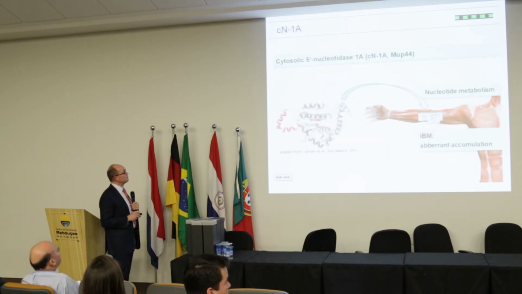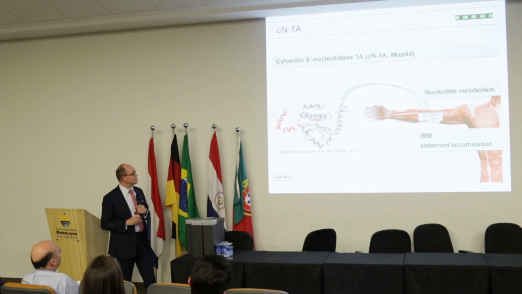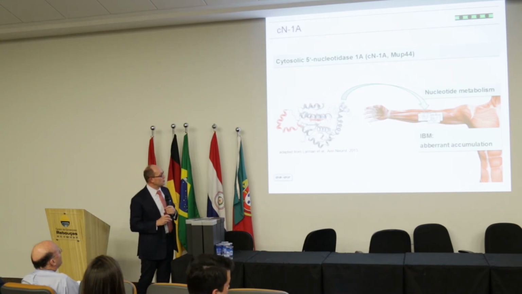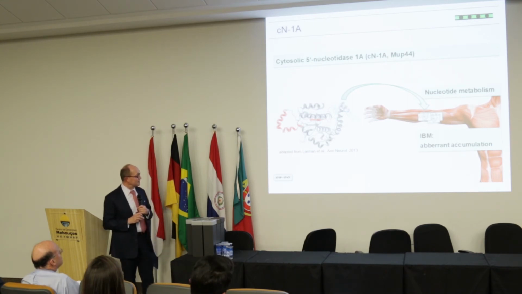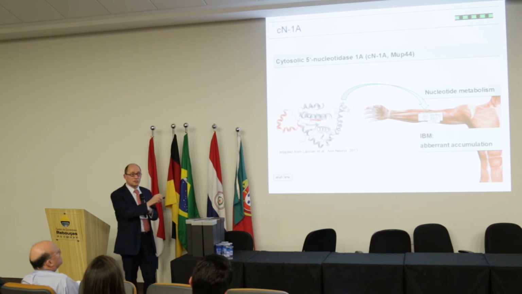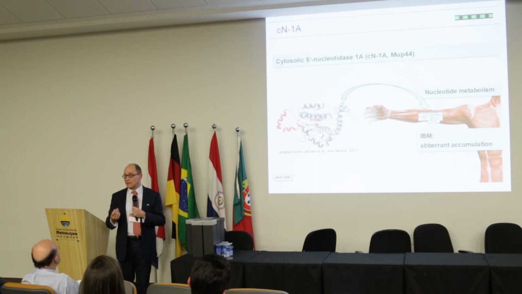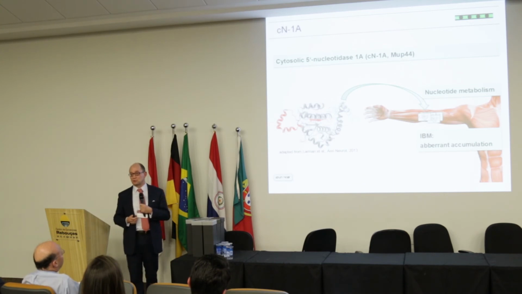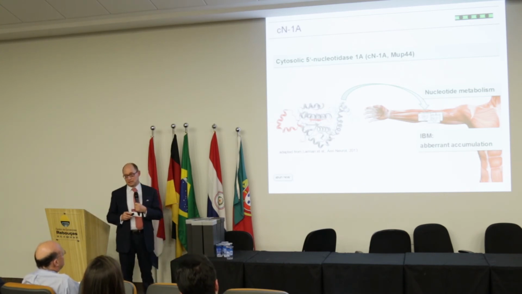It has been identified as cytosolic nucleotidase 1A, a protein abundant in muscles. It's involved in nucleotide metabolism, and in several publications you can still find the name MUP44. That was the original name for a 44 kilodalton protein before the real target was identified.